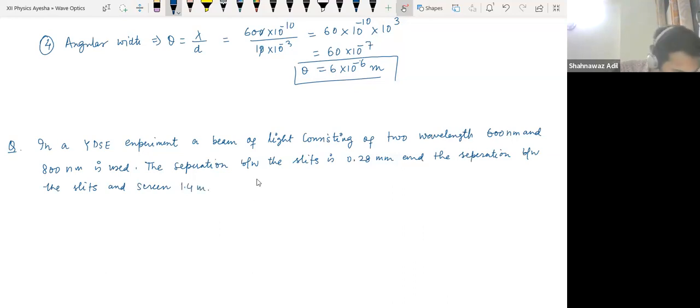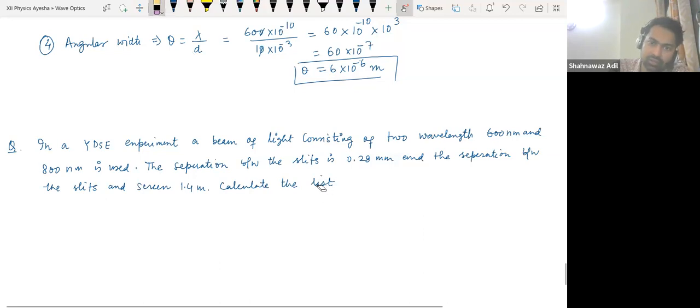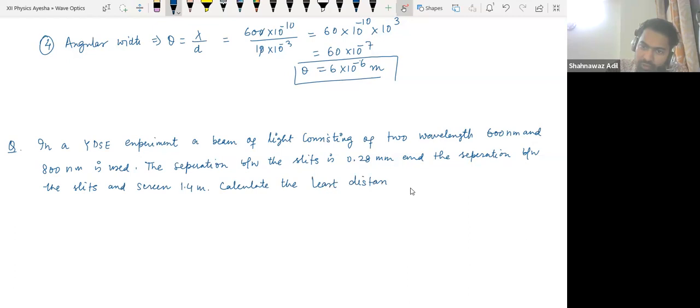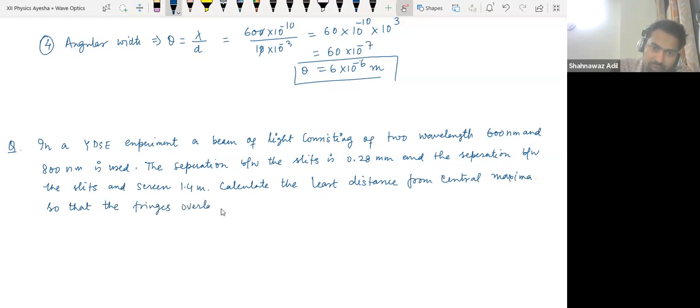We have to calculate the least distance from the central maxima or central bright fringe so that the fringes overlap, right? So both the fringes are at the same position.